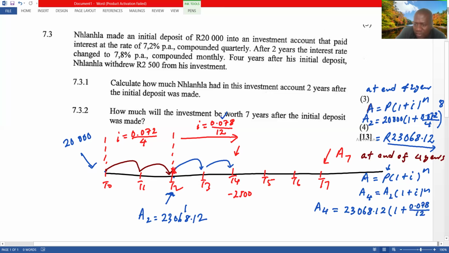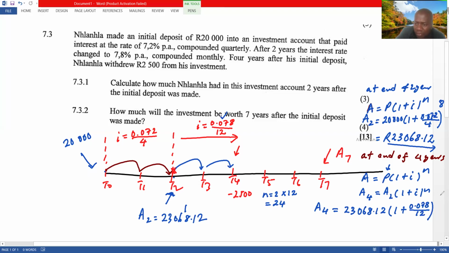Since we divided the interest by 12, from 2 to 4 it's only 2 years. We take those 2 years and multiply by 12 so that everything is in months, which is 24 months. So we will substitute by 24.